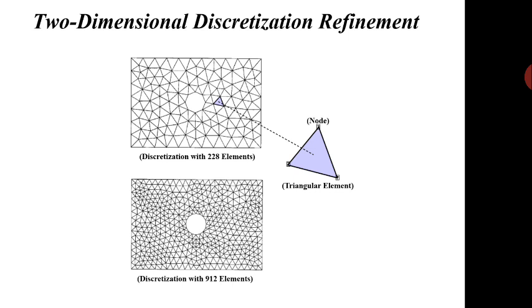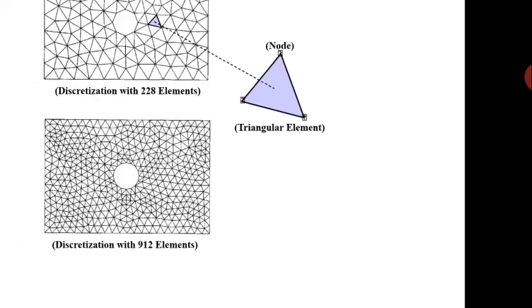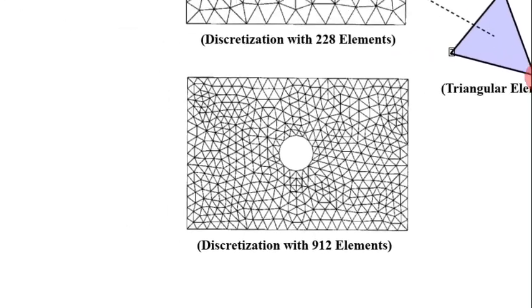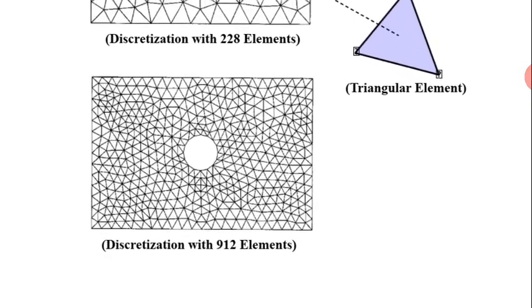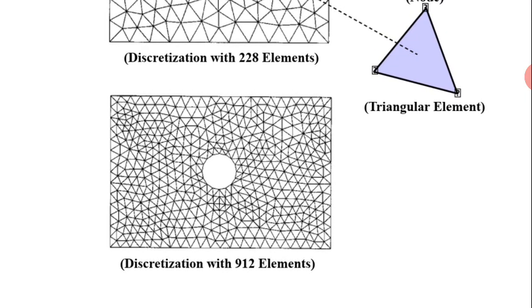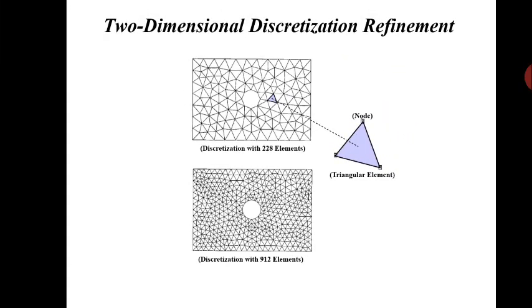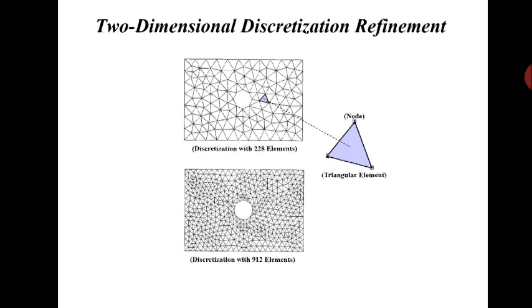The size of element is used according to the shape, as at the center small elements are required. At some distance away from this circle, coarse elements or larger size elements are used, because the stress concentration is at the center or at the circular portion.